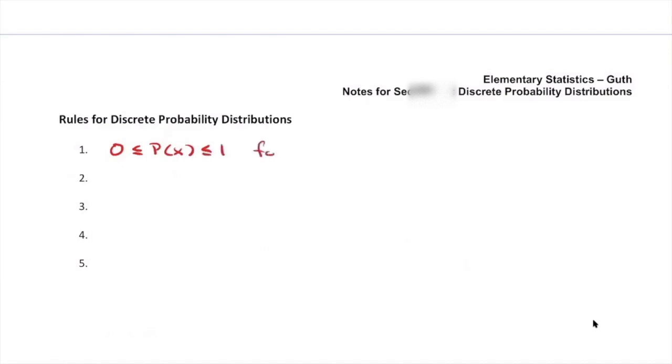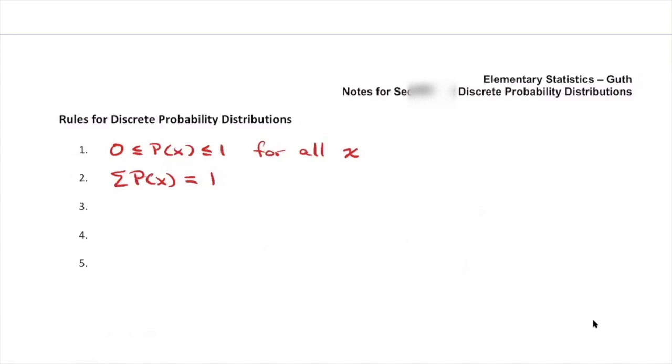So I'll say for all X, the probability is between 0 and 1. The next thing we figured out is that the sum of the probabilities is 1. So you have this pie, and you slice it up, and the way you hand out the probabilities to the different events is how you're distributing the probabilities. It's a probability distribution.